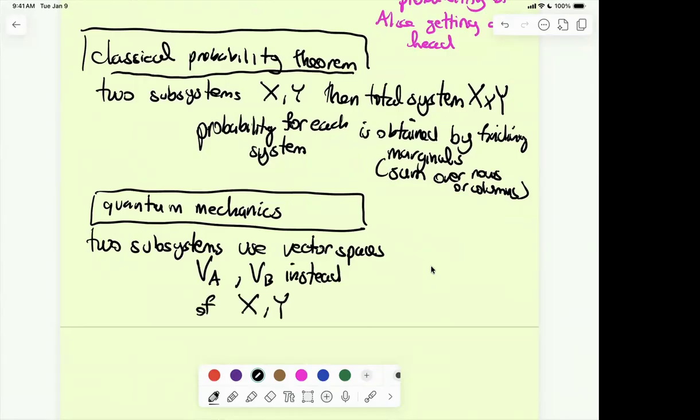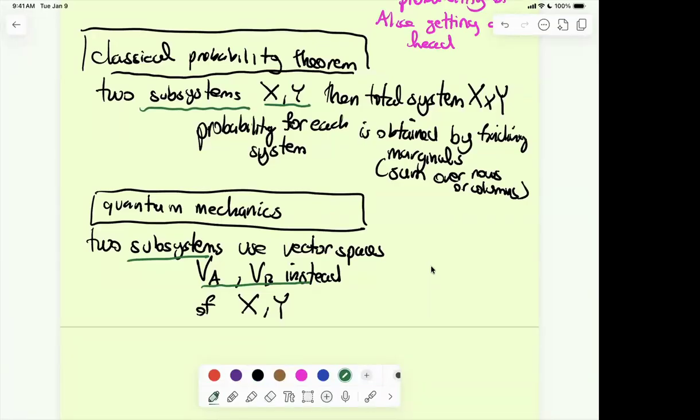Instead of having a set for X and Y, you assign to each system a vector space. I'm calling the vector spaces V sub A and V sub B because of Alice and Bob. Imagine Alice has her own vector space and Bob has his own vector space. So each subsystem comes with its own vector space instead of its set.